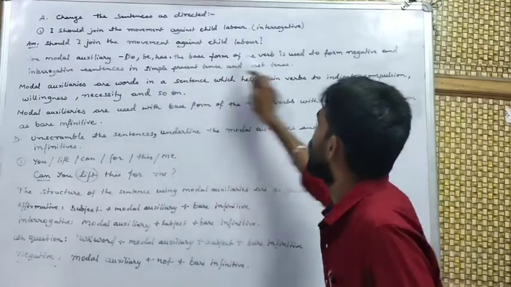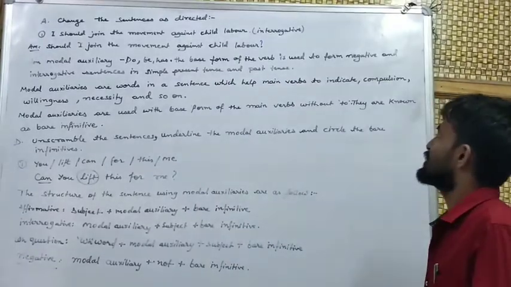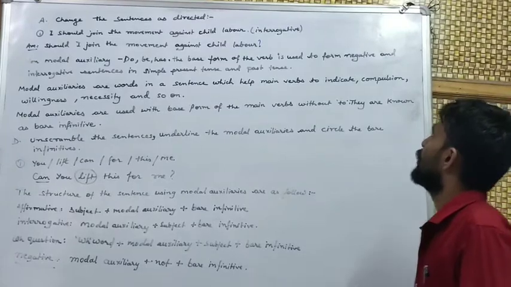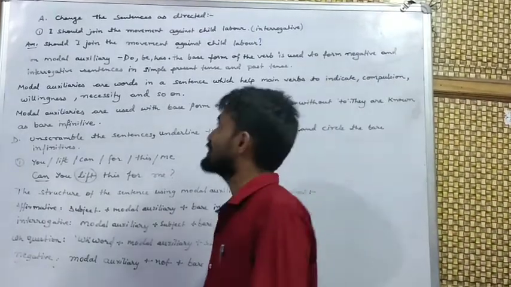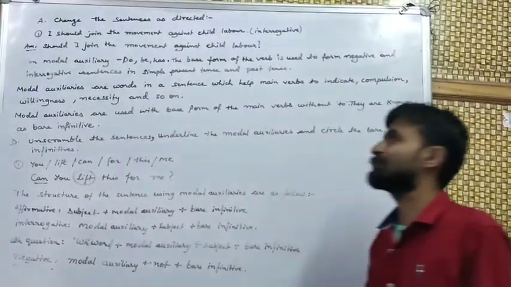These are the base forms of verbs, and they are used to form negative and interrogative sentences in simple present tense and past tense.